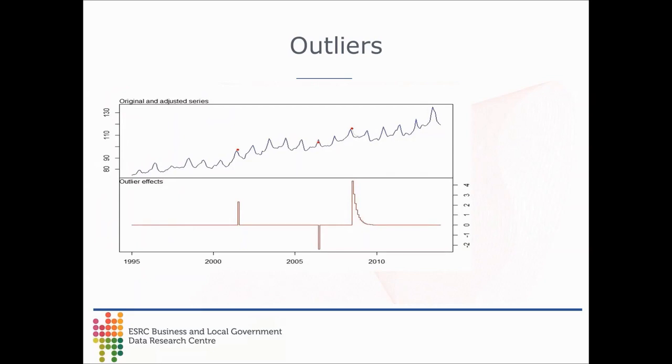Then we can see the outlier effect underneath. And we can tell that by the first dot and even the second dot, the effect was very short-lived, as we got the straight up and down. But the third outlier seemed to have a more prolonged effect on the data itself.